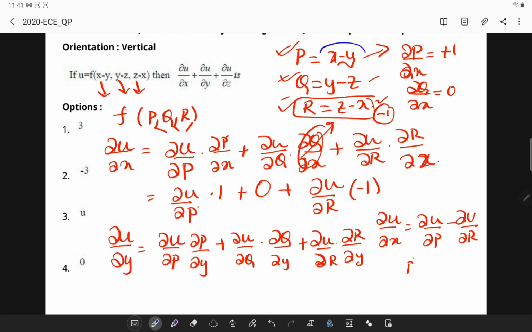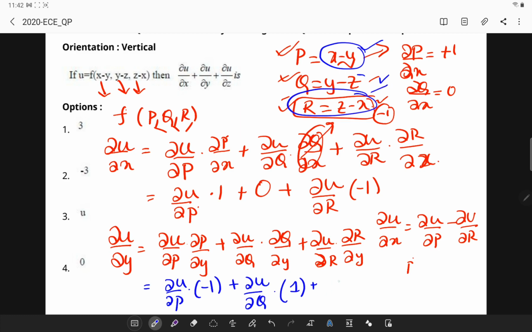If I do the derivative with respect to y, I'll be left with ∂u/∂p into minus 1, and I'll get plus ∂u/∂q into plus 1. This doesn't have a y term, therefore I'll have 0. So ∂u/∂y is nothing but minus ∂u/∂p plus ∂u/∂q.